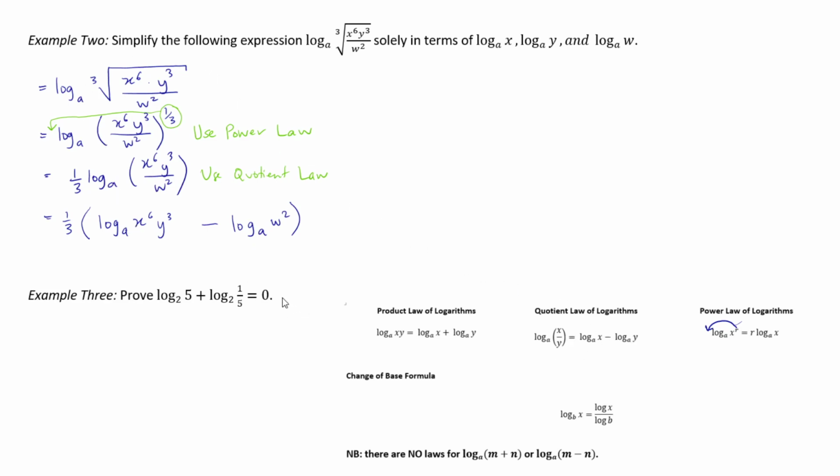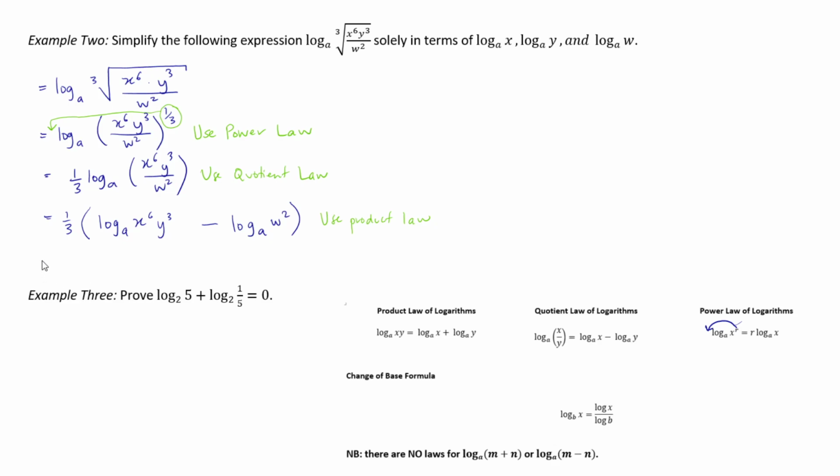And now I'm going to split this one up because it is being multiplied. I can use the product law. And that will allow me to split up this one right here.